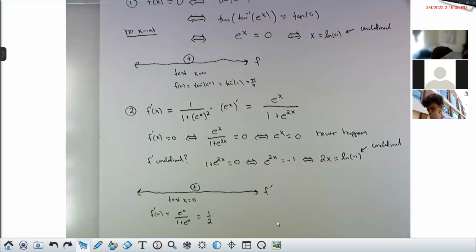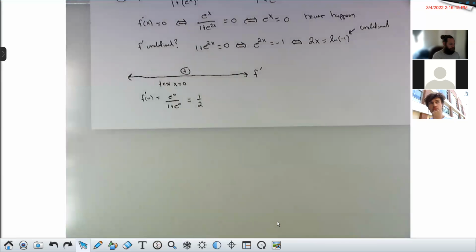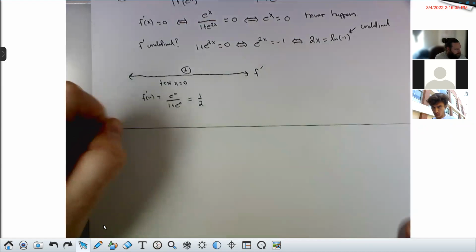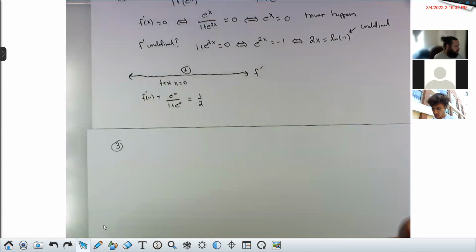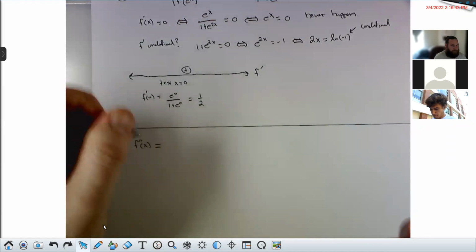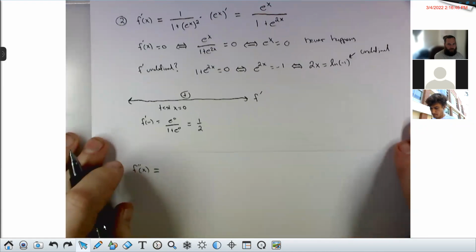All right, hopefully the second derivative will be more interesting. So if we calculate f double primed, that means we're hunting for concavity and inflection points. F double prime will require the quotient rule. So here we can see f prime still.